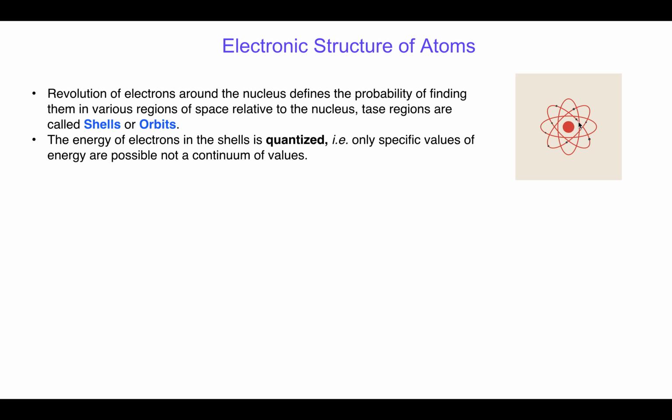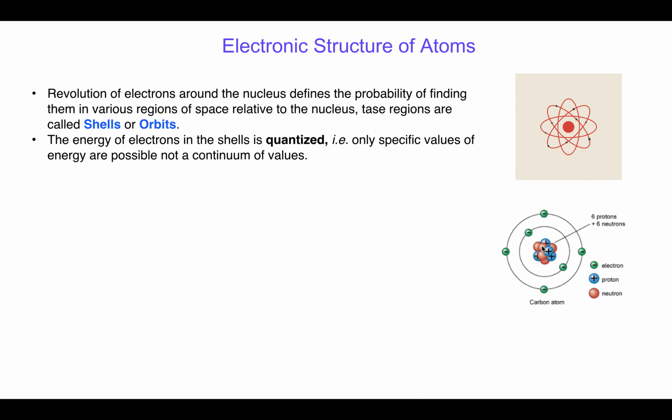So the energy of electrons within these shells is quantized. Quantized means they have a specific amount of energy while they are within a specific path. And this energy is quantized, that is, it is a specific amount, and there is no continuum of energy when electrons are considered with respect to their orbits.